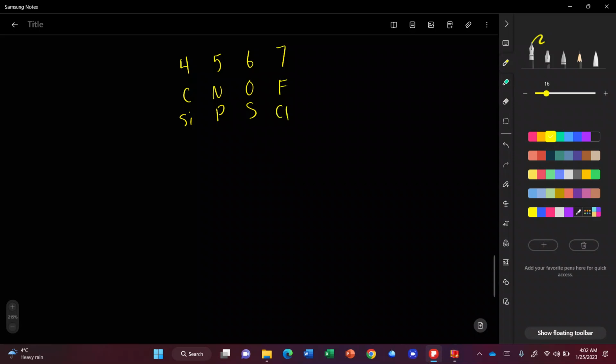Anything in group 4, carbon, silicon, for example, wants a total of 4 electrons. So basically that means carbon wants 4 bonds, because the only way for carbon to have 4 electrons according to formal charge, but 8 according to the octet rule, would be to have 4 bonds.